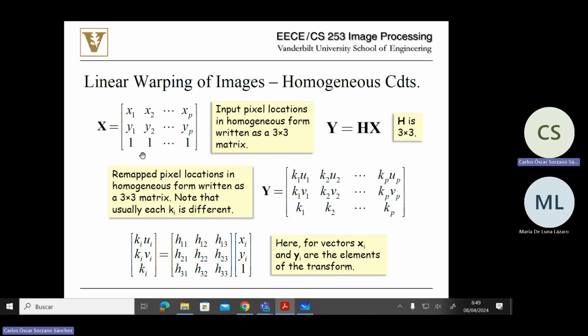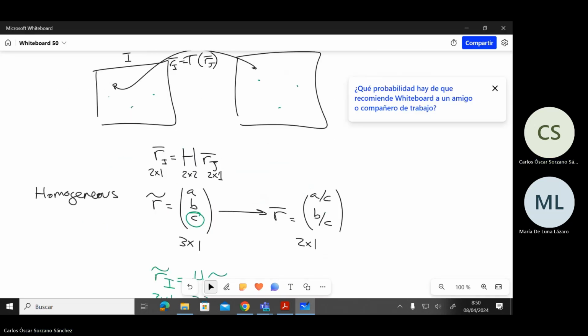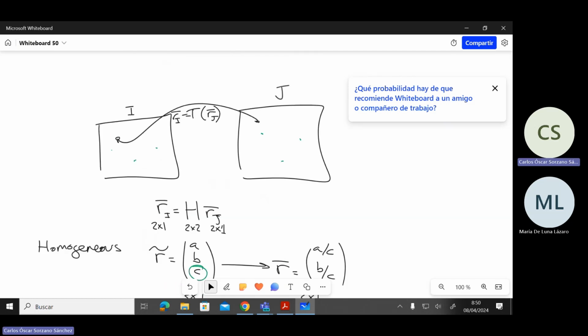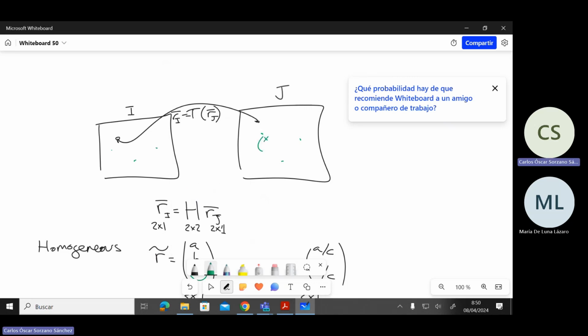Okay, so this is the formulation. We have homogeneous points in one of the images. So this will be going from K to I. So here the points will be x, y, 1.